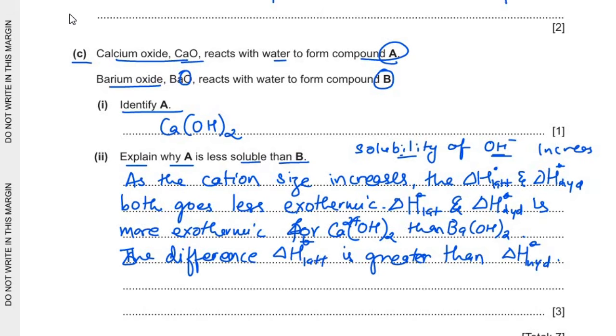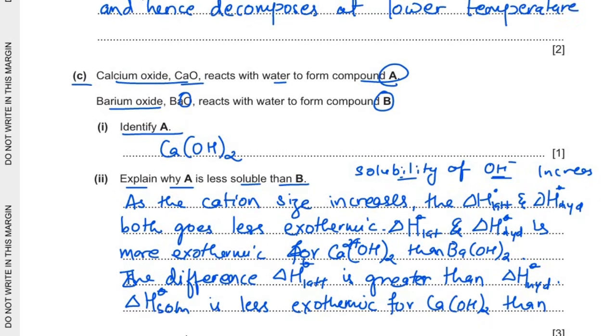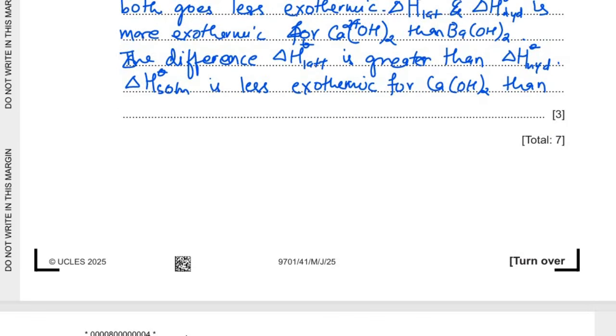Because of that, delta H solution is less exothermic for calcium hydroxide compared to barium hydroxide. If it is less exothermic, then obviously it is less soluble, because for a compound to be soluble, the delta H solution has to be negative, that is exothermic, or more negative for being more soluble.